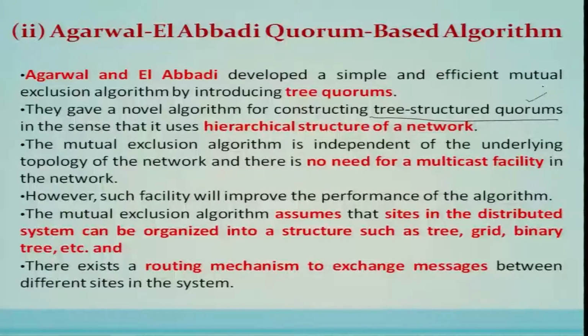The mutual exclusion algorithm is independent of the underlying topology of the network, and there is no need for any other communication facilities like multicasting. However, such a facility will improve the performance. The algorithm assumes that the sites in the distributed system are organized into a structure such as a tree, grid, or binary tree.